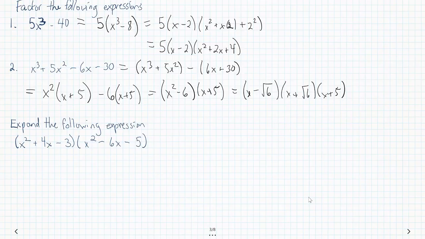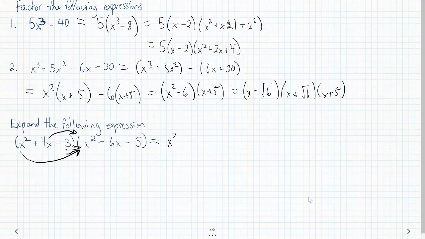And working in the other direction, we can actually expand expressions. And what you can think about is when you're expanding, you're going to take each term times that second whole set. So what do I mean by that?